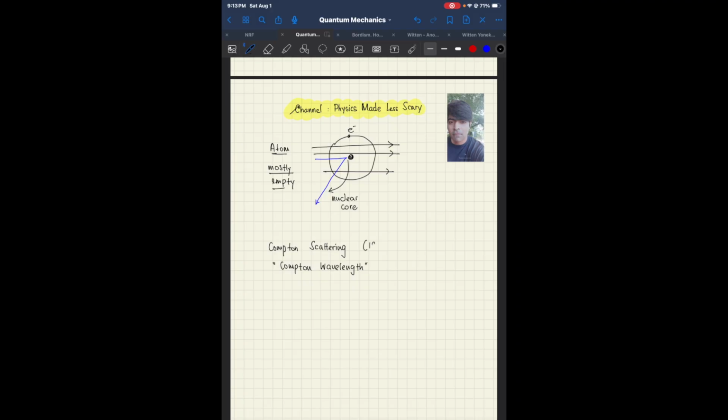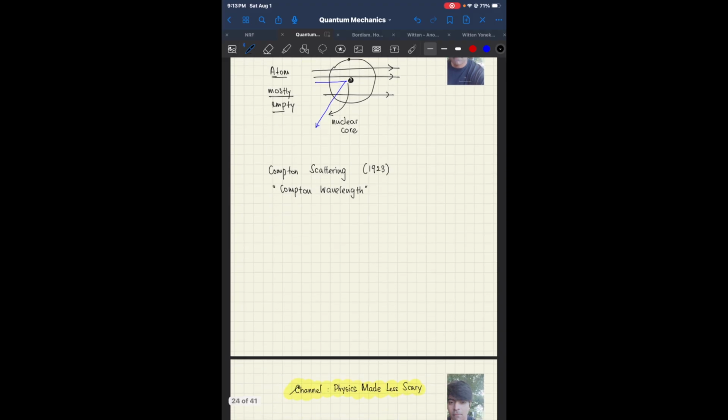This was apparently done in 1923, according to Google. And again the same structure: some light was shone on an electron. This is called the incident beam, for obvious reasons, because this beam is incident, and this is called the scattered beam.